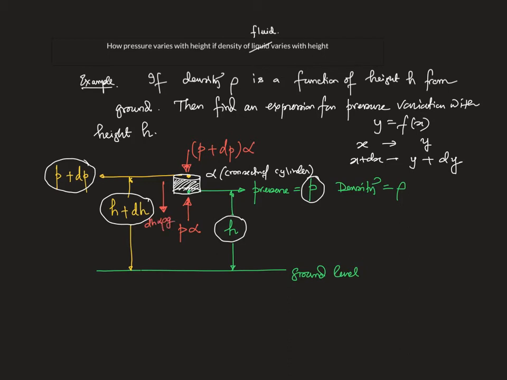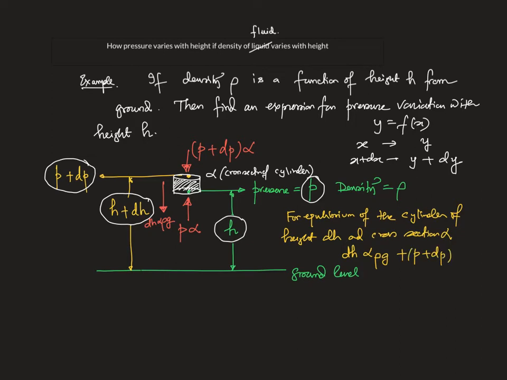Now for equilibrium of the cylinder of height dh and cross section alpha, we can write the weight dh alpha rho g plus p plus dp times alpha is equal to p alpha.